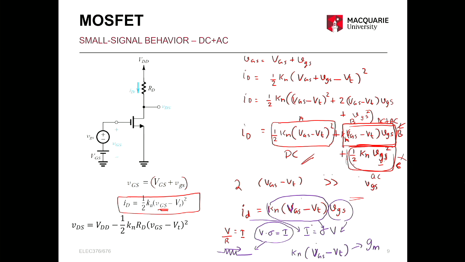That's why it's called the transconductance of the MOSFET. So we usually denote it as GM. Okay, so when in a problem you're given the parameters for Kn and you know the DC operating point of VGS and the threshold voltage is known, you can find the transconductance. And if the transconductance is given, you can find one of the other parameters as well.